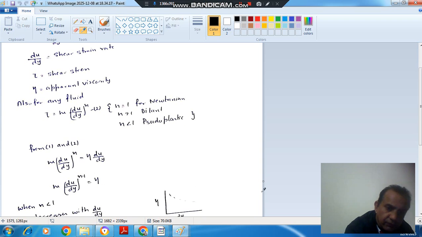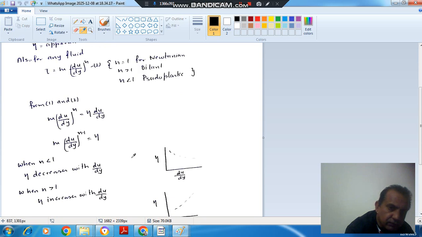If we take n less than 1, then this will be in du/dy and the power will be negative, so it will be in the denominator. It means apparent viscosity will decrease with the shear strain rate. When we take n greater than 1, the power will be positive, and apparent viscosity will increase with the shear strain rate.